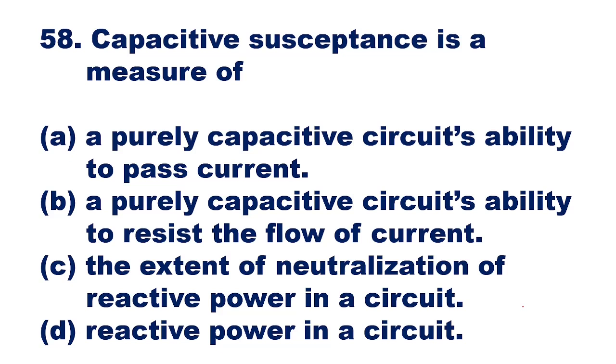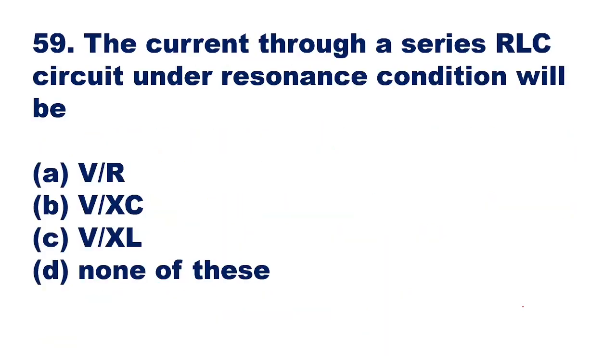So when a capacitive circuit's ability to pass current is measured, it is nothing but capacitive susceptance. So option A will be the right answer here. A purely capacitive circuit's ability to pass current is known as susceptance. Then we'll go to the next question.